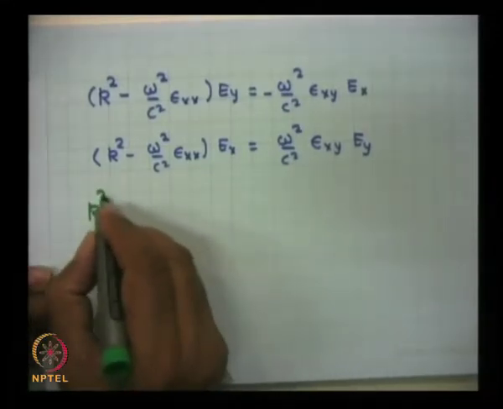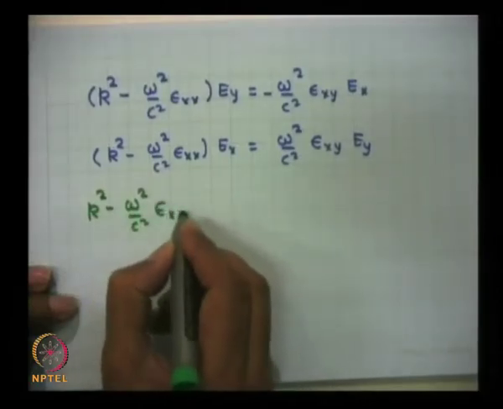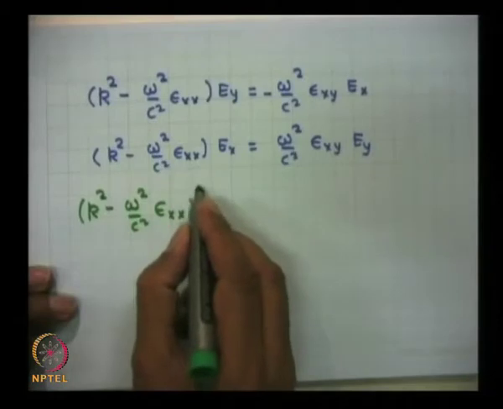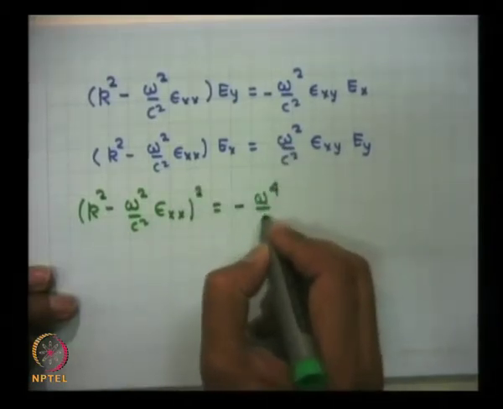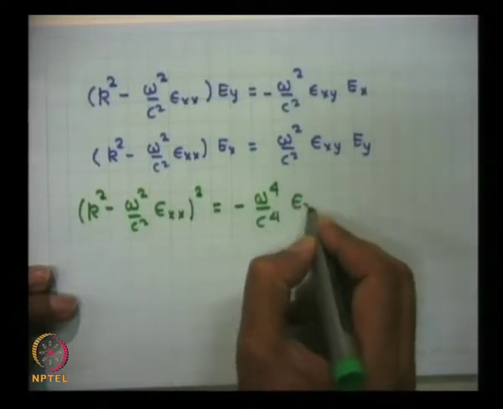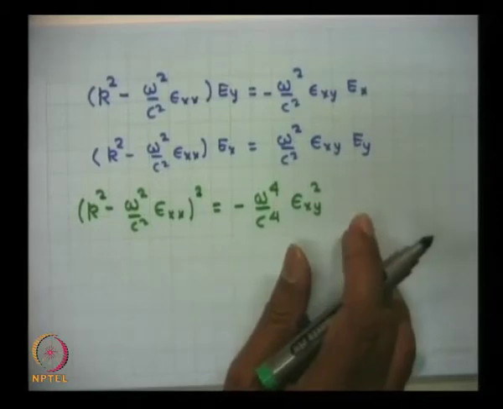The dispersion relation is k square minus omega square by c square epsilon xx, whole square, is equal to negative sign omega to the 4 by c to the 4 epsilon xy whole square. I can take the square root on both sides.